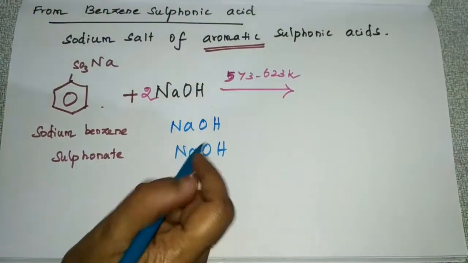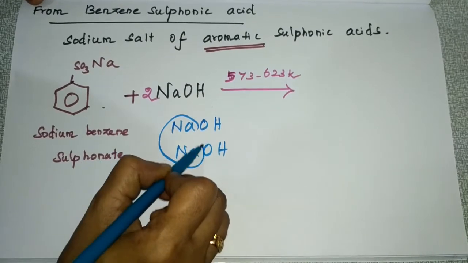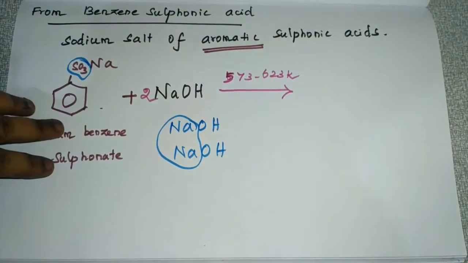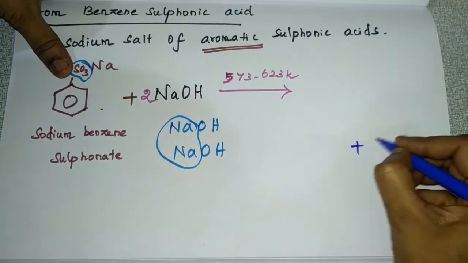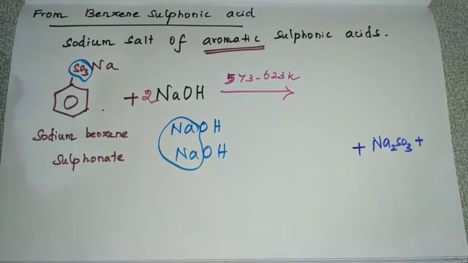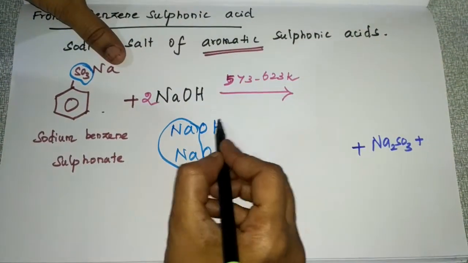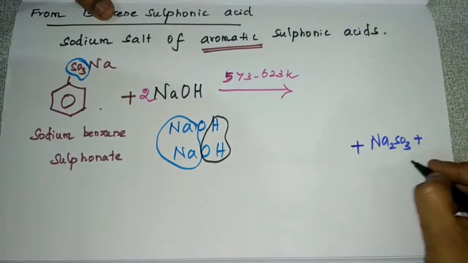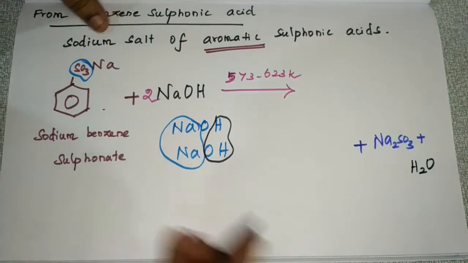Okay. So here what happens, Na2SO3 will come out. Then water, H2O, will get removed. So what is remaining?